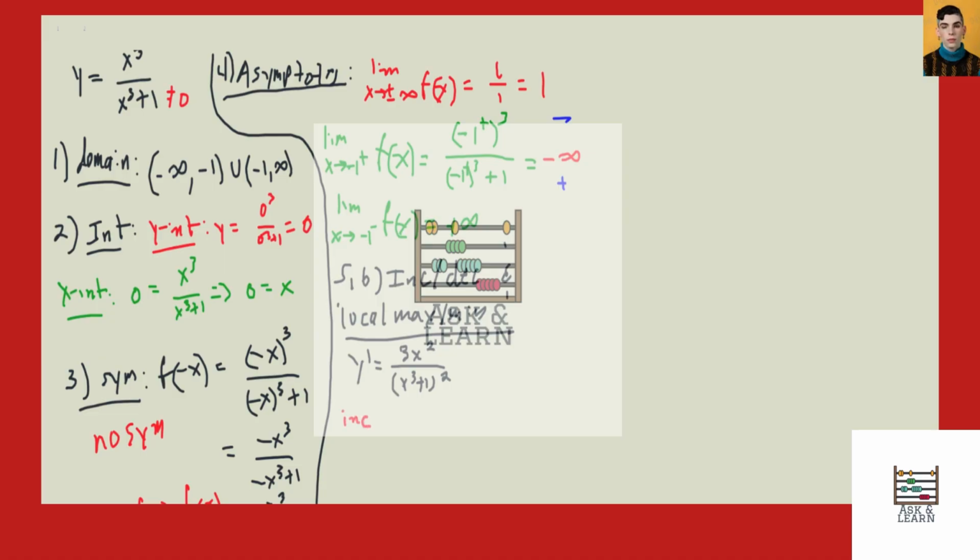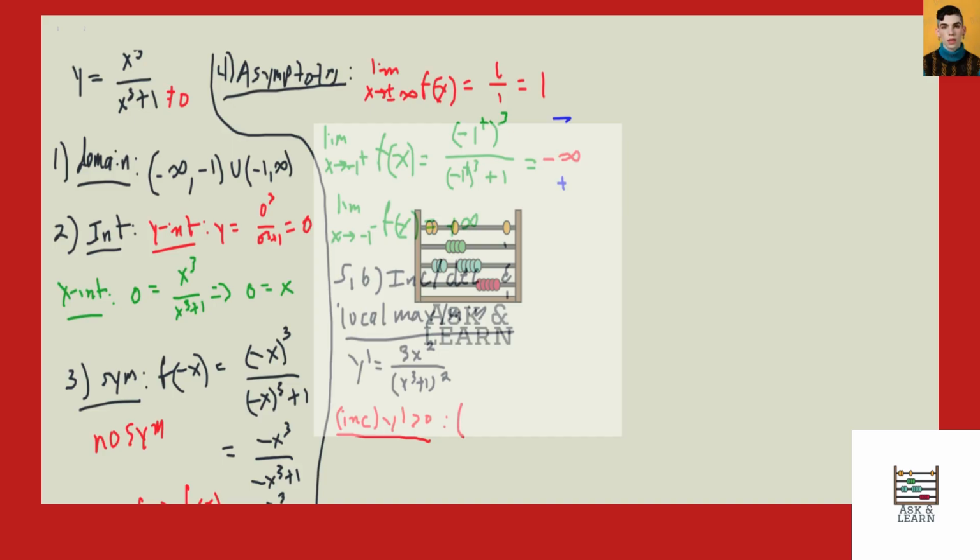Now this function will be increasing where y prime is strictly larger than 0. And I went ahead and already solved that off on the side. And actually, even looking at this, we know that our numerator will always be greater than or equal to 0, since it's x squared. And in the denominator, since we have that squared term there also, that will also be larger than or equal to 0.